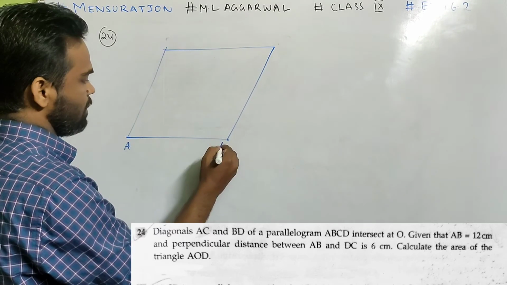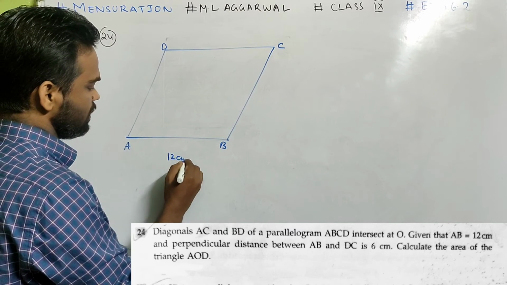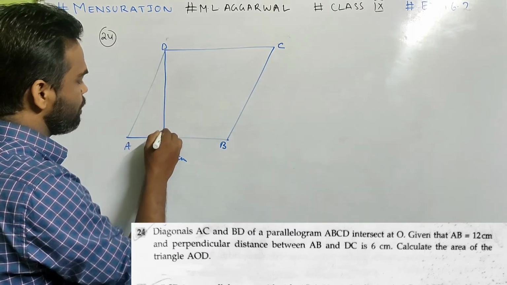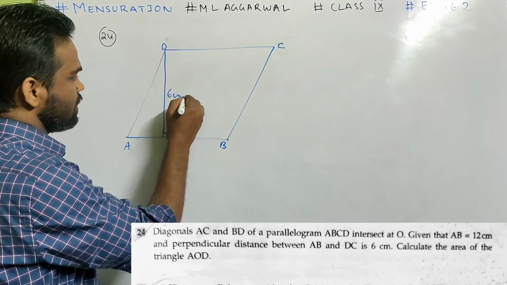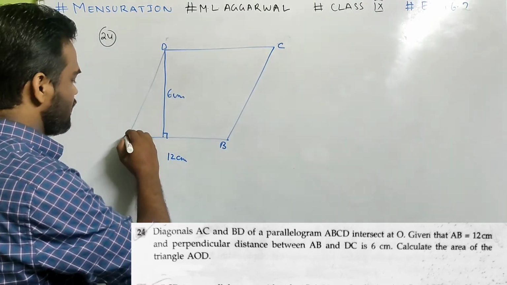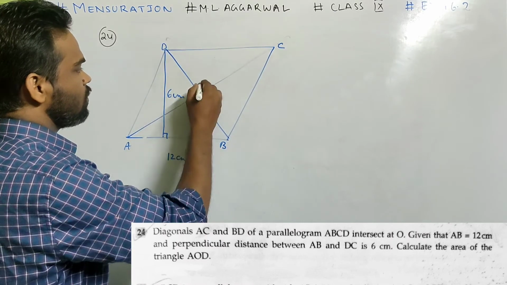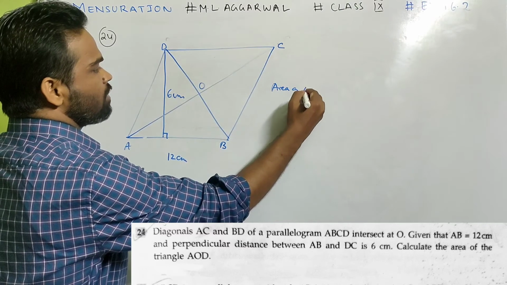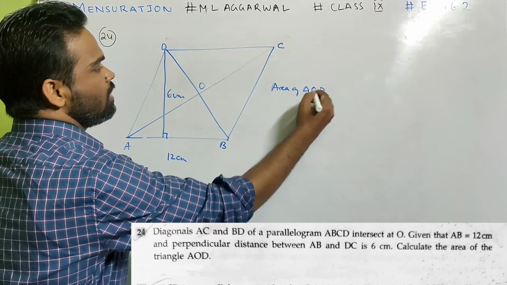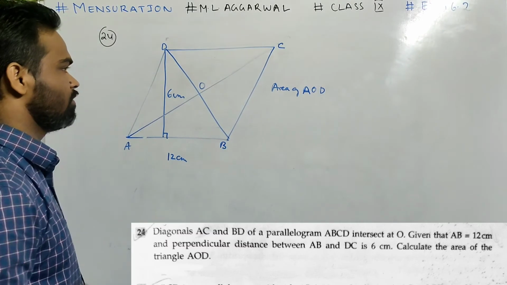Suppose this is A, B, C, D. AB is 12 centimeter and the perpendicular distance between AB and DC is 6 centimeter. The diagonals intersect at O. They need the area of triangle AOD. Area of AOD. Look carefully.